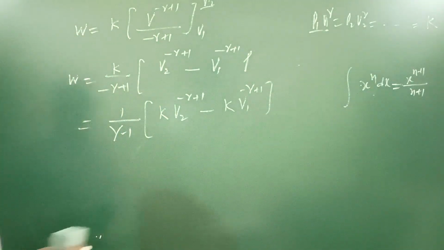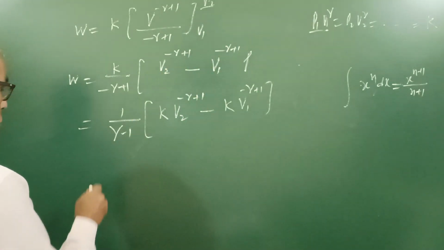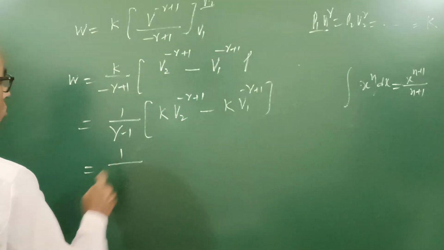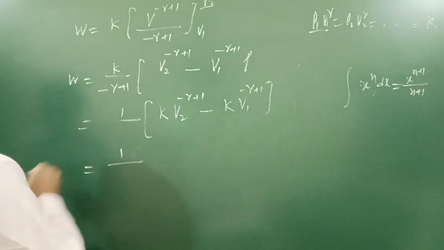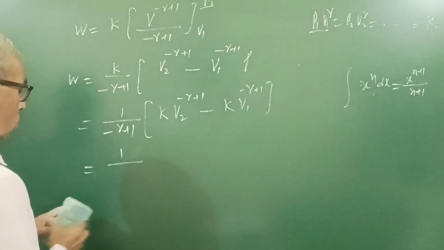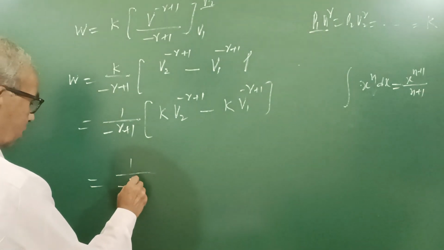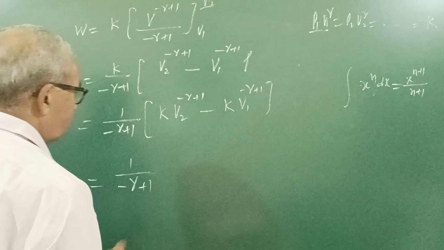Actually, K can be written as P2 V2 to the power gamma, or 1 upon minus gamma plus 1. These mistakes are committed by everyone, the expert as well as the learner.